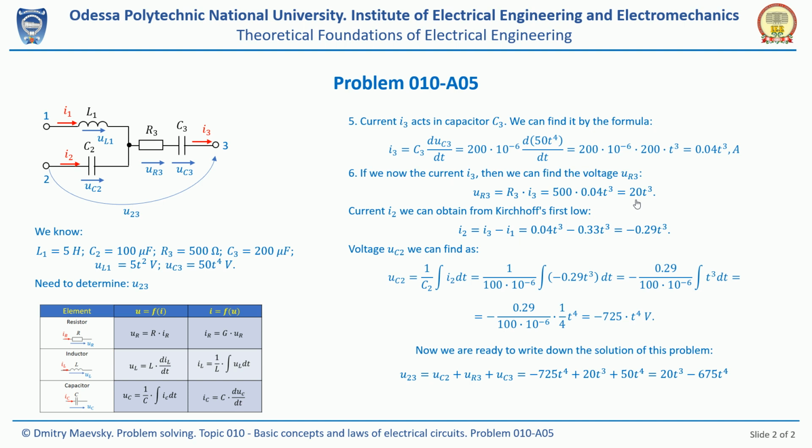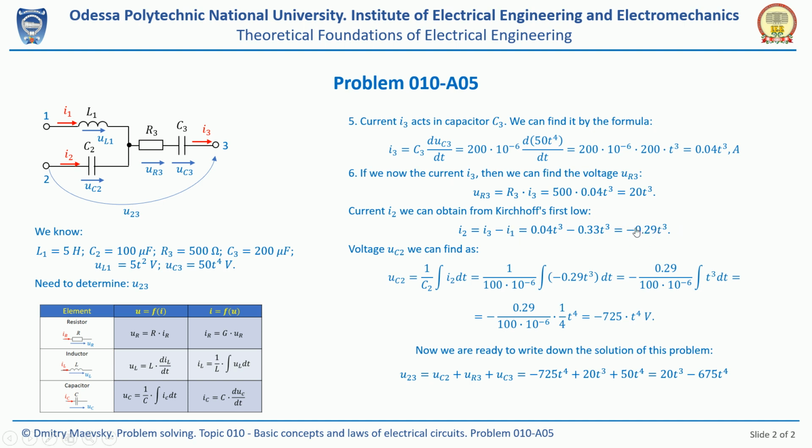Current I2 we can obtain from Kirchhoff's law. We already know this equation. This time we can substitute our values and obtain that current I2 is minus 0.29 multiplied by t cubed amperes.